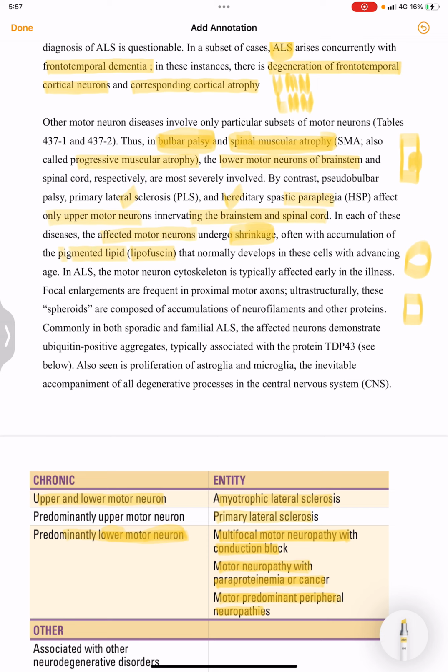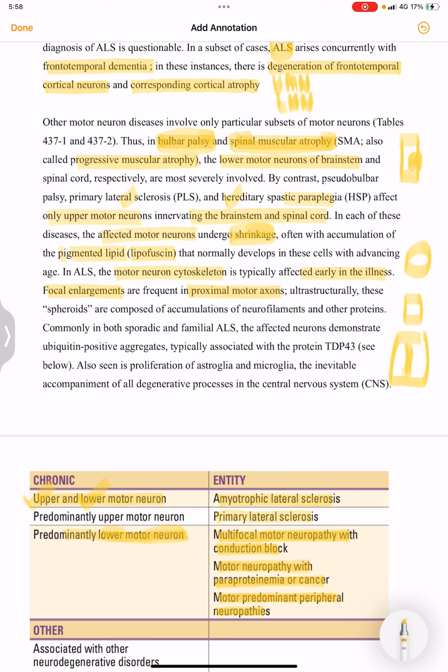In amyotrophic lateral sclerosis, there is upper and lower motor neuron involvement. The motor neuron cytoskeleton is typically affected early in the illness. So early in the illness, what is involved? The cytoskeleton of the motor neuron will be affected, and focal enlargement is frequent in the proximal motor axons.